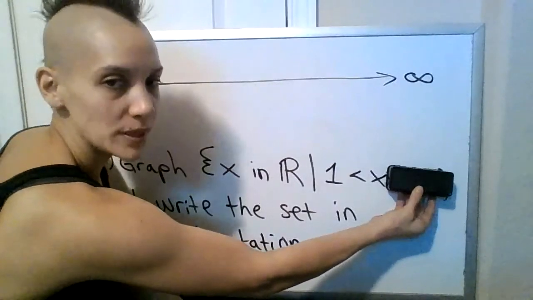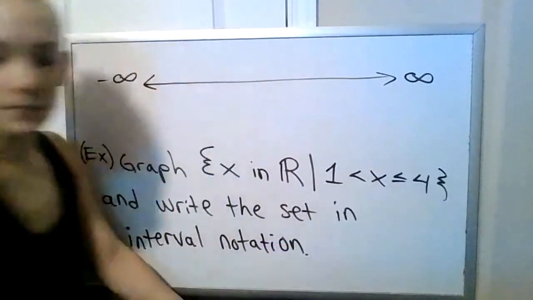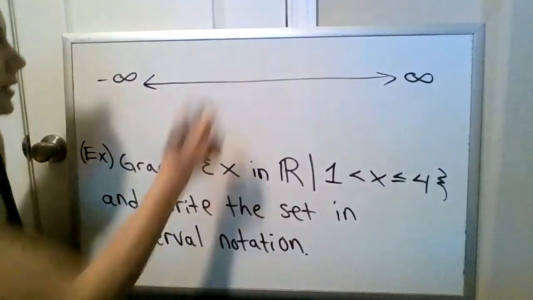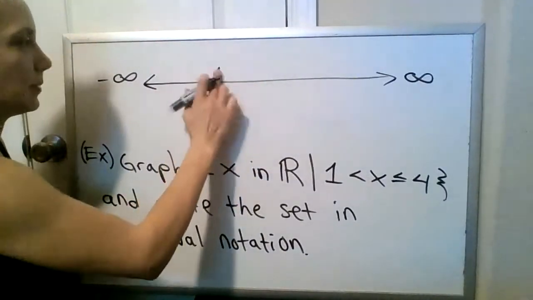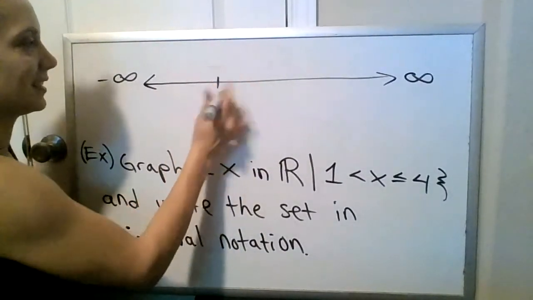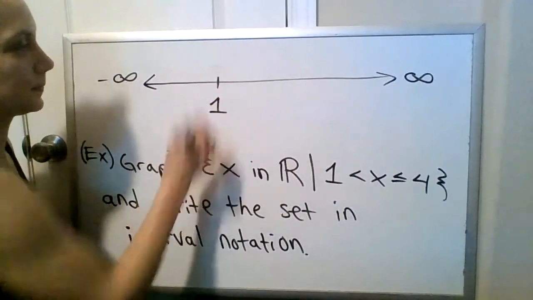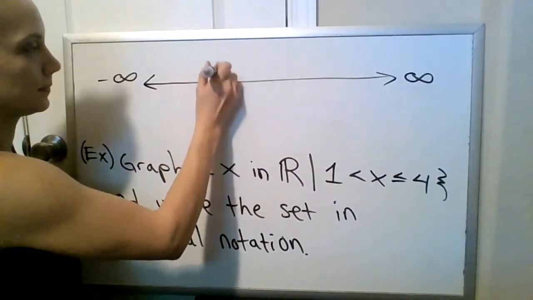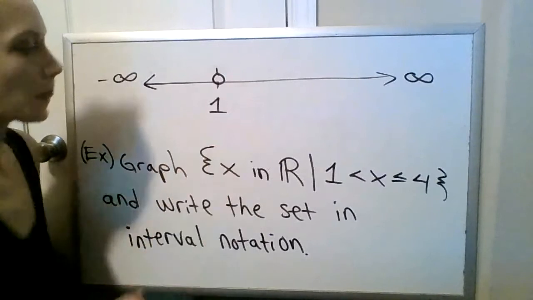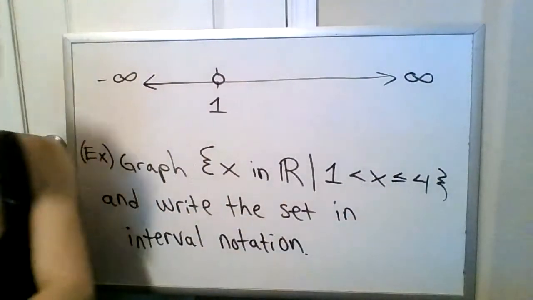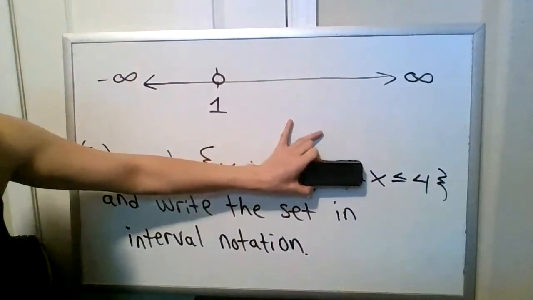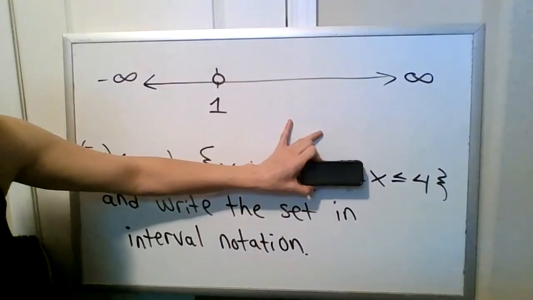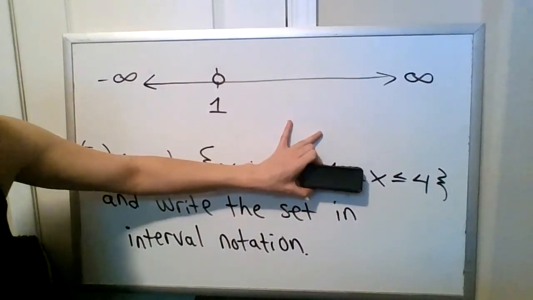So there's going to be an open circle for 1. An open circle over 1. And then the other part is having x less than or equal to 4. So there's a closed circle over 4.